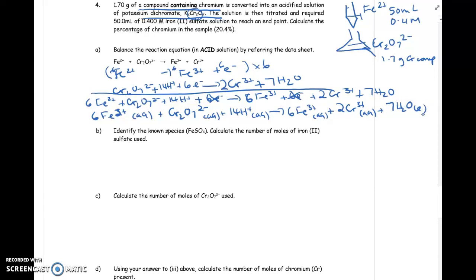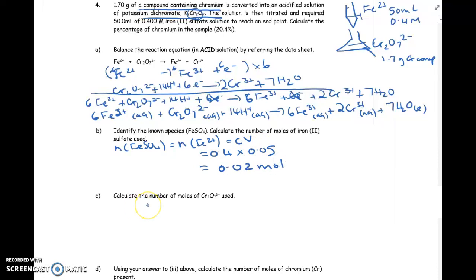Okay, now we're ready to start. It says identify the known species iron sulfate and calculate the moles of iron 2 sulfate. So the number of moles of iron sulfate is going to equal the number of moles of Fe2 plus, which is equal to Cv. In this case the concentration is 0.4 times the volume is 0.05, and this comes out to 0.02 moles.